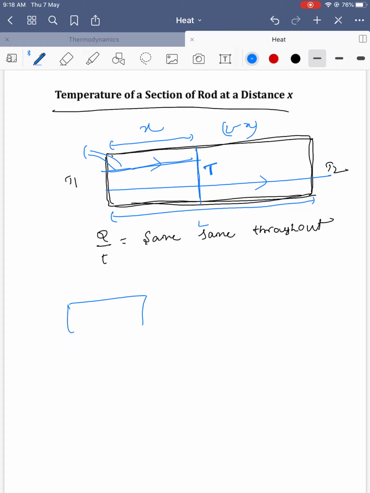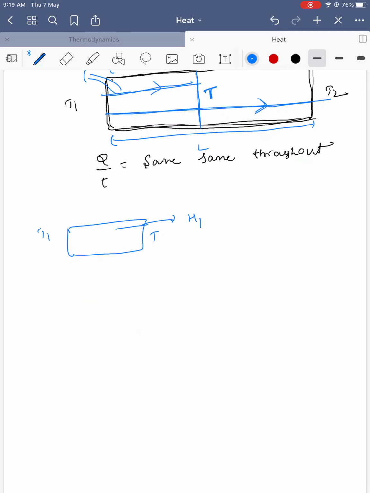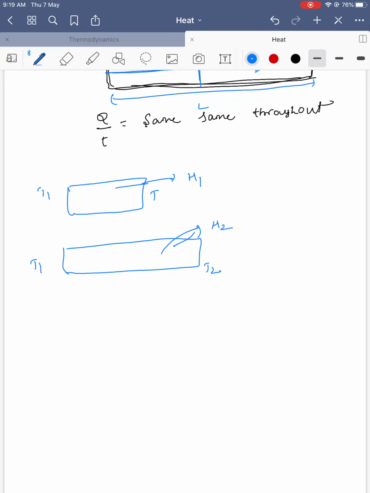Okay, so I am drawing this section T1 to T. So the heat flow rate I am assuming in this section is H1. And from T1 to T2, the heat flow rate I am taking as H2. From T to T2, the heat flow rate is H3.